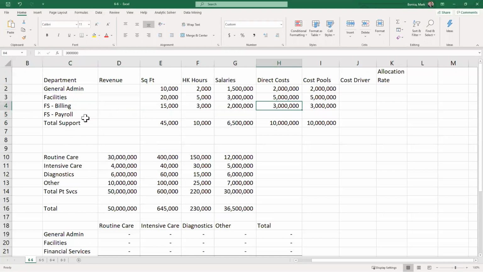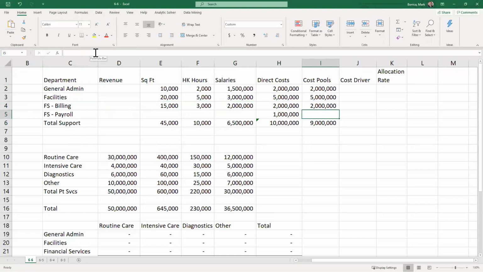And our assumption here is, and we're going to kind of ignore this line, $2 million goes to billing, and $1 million goes to payroll.